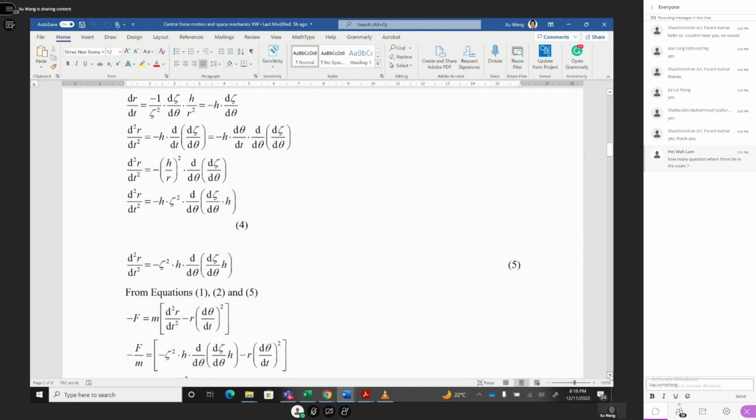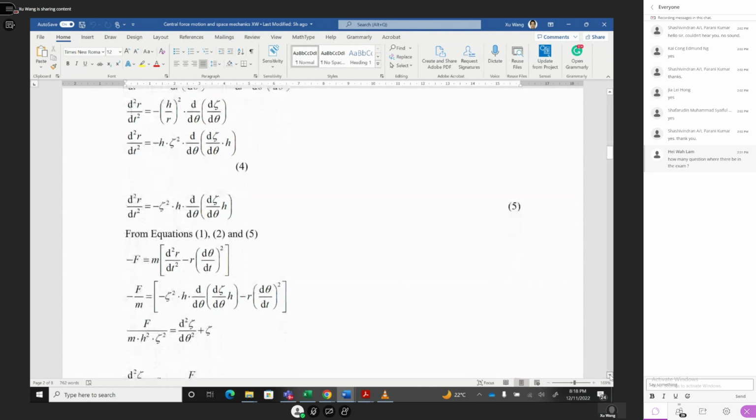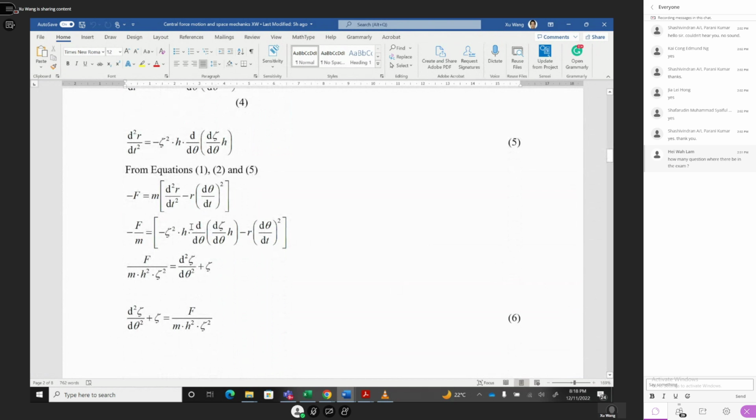After you get this equation, you divide by h squared, because dθ/dt equal to h over r squared, squared, which is h squared over r fourth, and cancel the r, become r third.